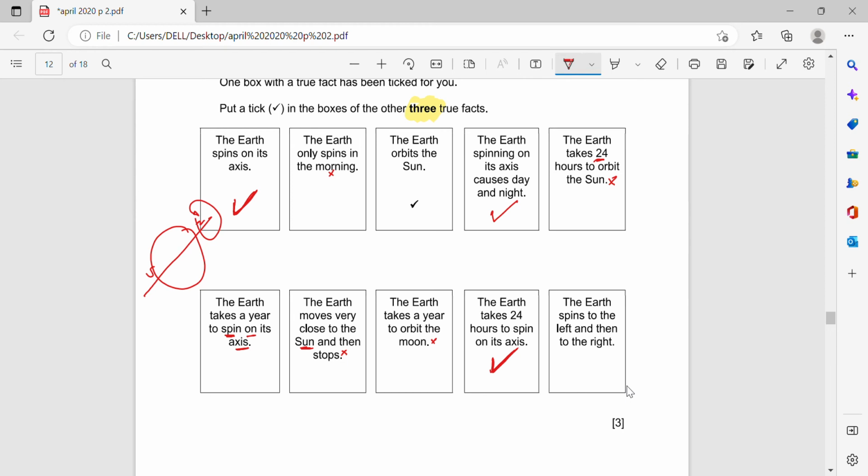The earth spins to the left and then to the right. لا طبعا the earth spins in one direction اللي هو anti-clockwise. So these are the 3 true answers. The earth spins on its axis. The earth spinning on its axis causes day and night. And the earth takes 24 hours to spin on its axis.